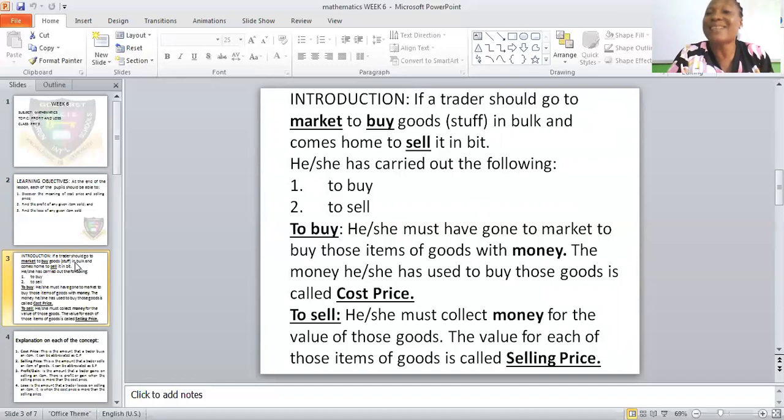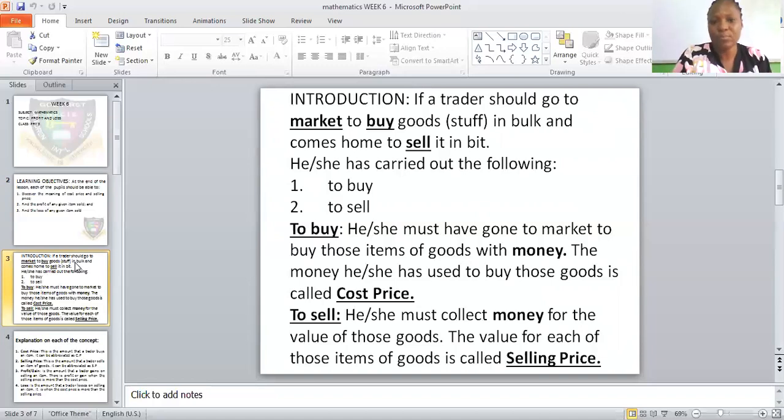He or she has gone to buy, and now is coming to sell. He or she must have gone to market to buy those items of goods with money. Can you see money featuring?